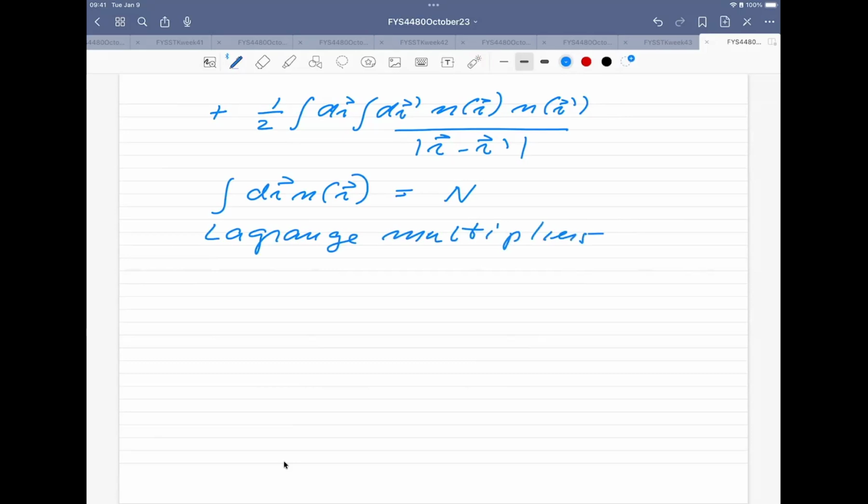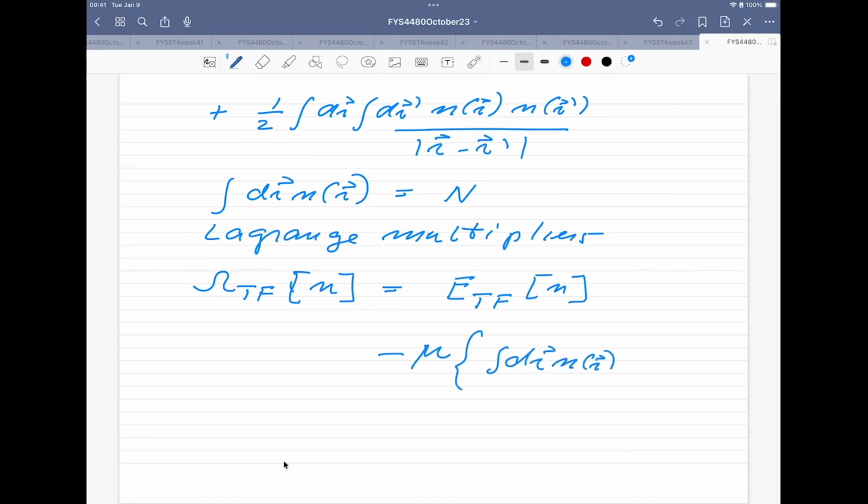So when we do that, we can define a new functional for the Thomas-Fermi case, a functional of the density, which is equal to the Thomas-Fermi functional which we put up, but then we have the Lagrange multipliers. So this is just the standard technique which we use in variational calculus. The Lagrange multiplier is now mu here, and then we have to take into account the integral over dr, n of r, which we are constraining to be equal to the number of particles.